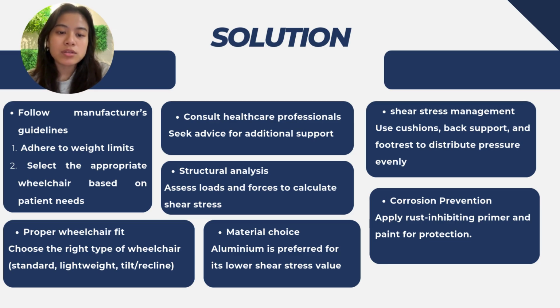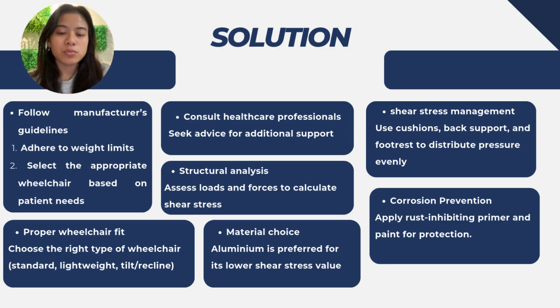For designers, conducting a thorough structural analysis is critical. This involves assessing the loads and forces acting on the wheelchair to calculate shear stress, ensuring the design can withstand the expected stresses.